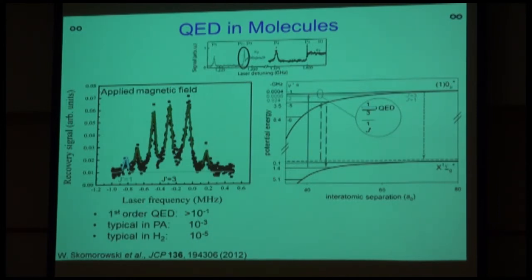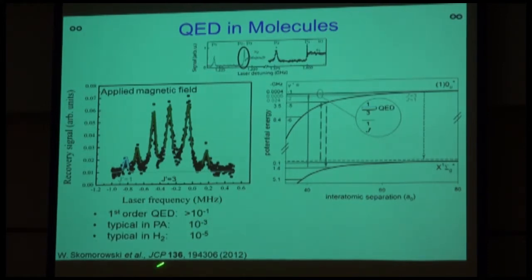QED retardation effects are due to the fact that the speed of light is finite, and the more you separate the two particles, the more sensitive you are to this effect. And of course, in all photoassociation experiments, the atoms are quite far apart because these molecules are pretty big. But I think typically it's more like a part in 10 to the 3 rather than a part in 10.